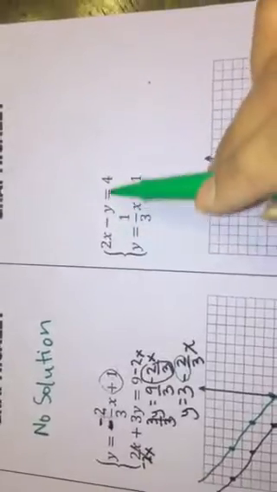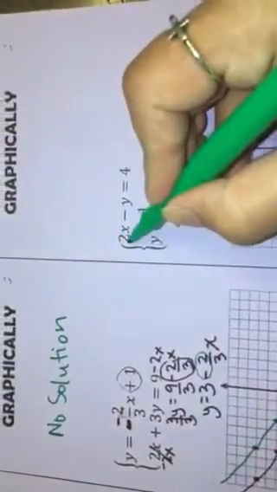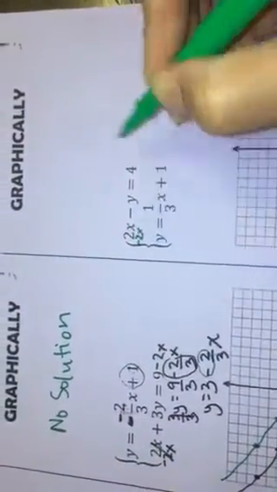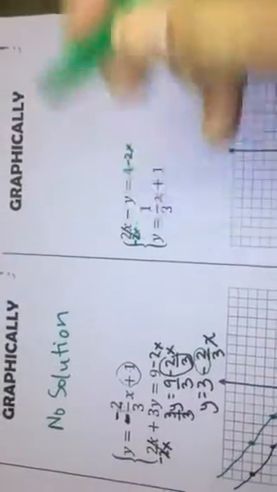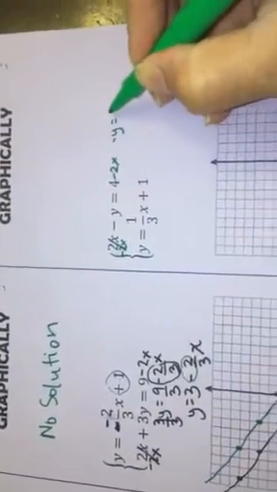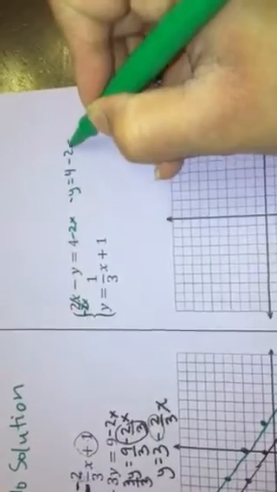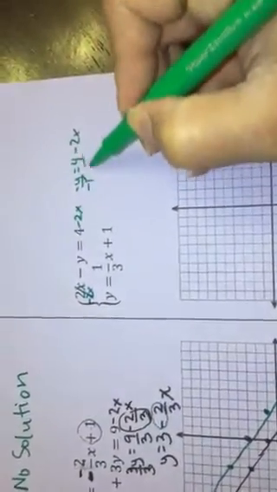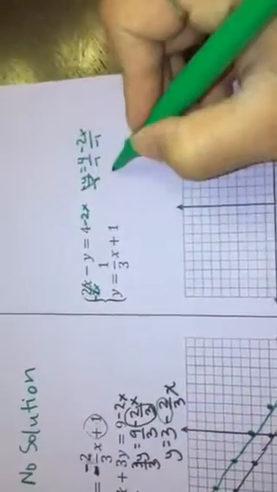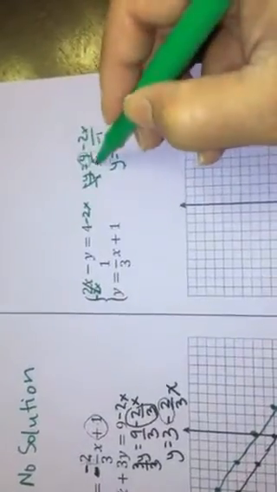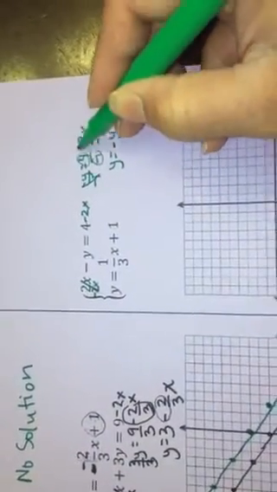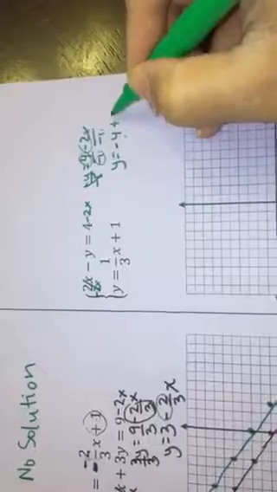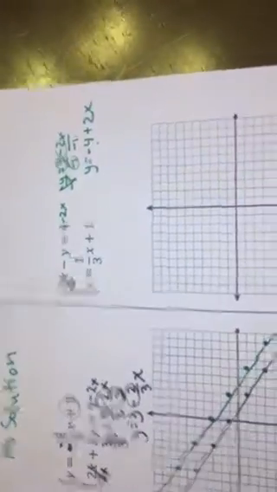So let's solve the top one for y. So I'm going to have to move the 2x. I'm left with negative y equals 4 minus 2x. And then I have to divide everybody by negative 1. So y equals 4 divided by negative 1 is negative 4. Negative 2 divided by negative 1 is positive 2. So there's that first one.